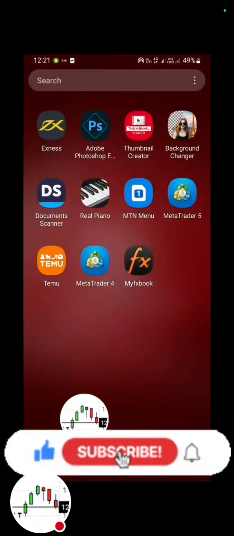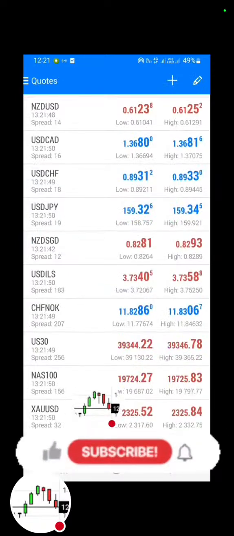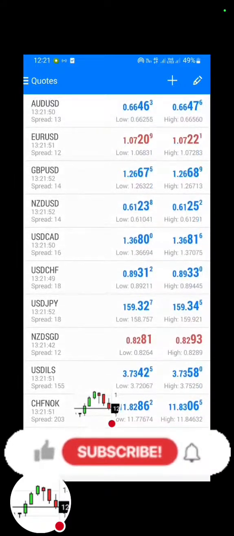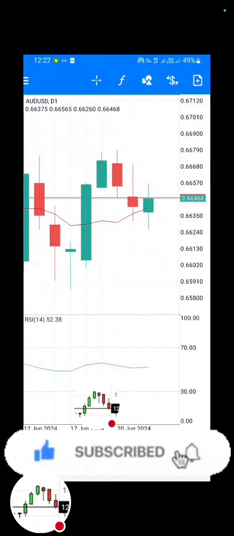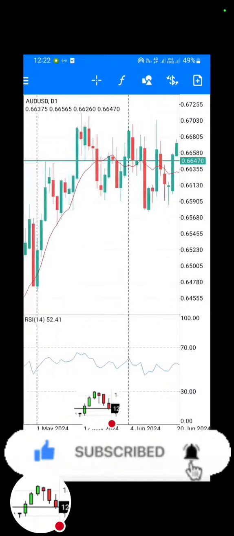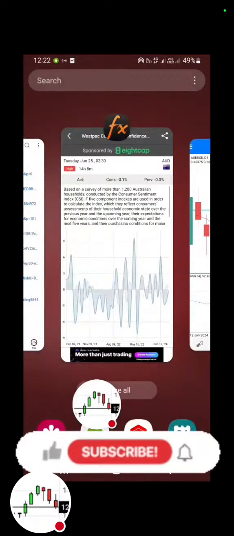So I'm gonna go to anything that consists of AUDUSD. AUD. Okay. AUDUSD. We choose. You can see this one consists of AUDUSD. The fundamental where it's going to be released.